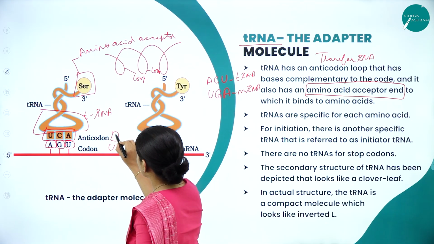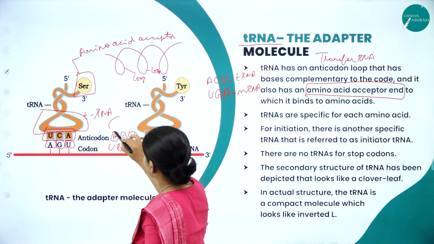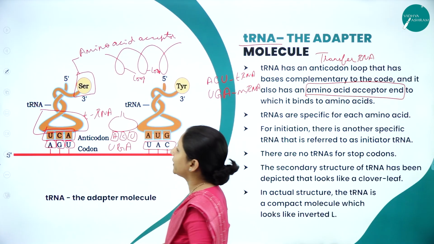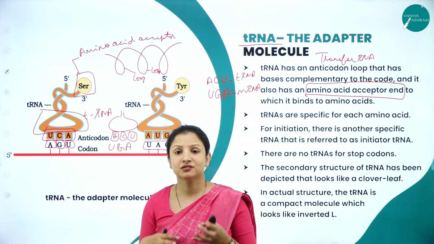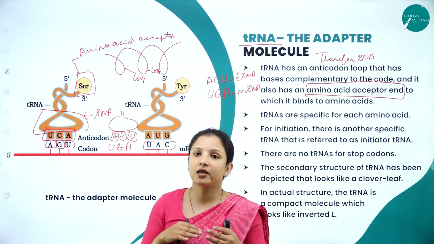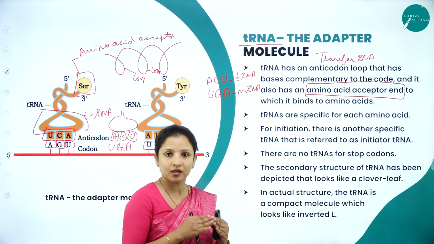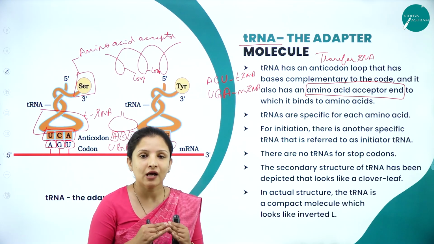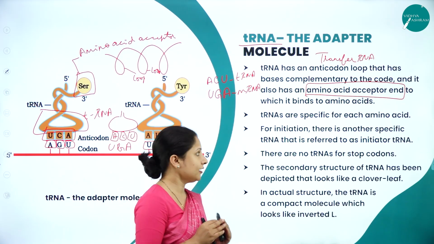It will be A, C and U. So that tRNA will come and bind here, right? And therefore, ACU will code for a particular amino acid. So each tRNA molecule will code for only one particular amino acid depending on the anticodon that is present on the tRNA loop.